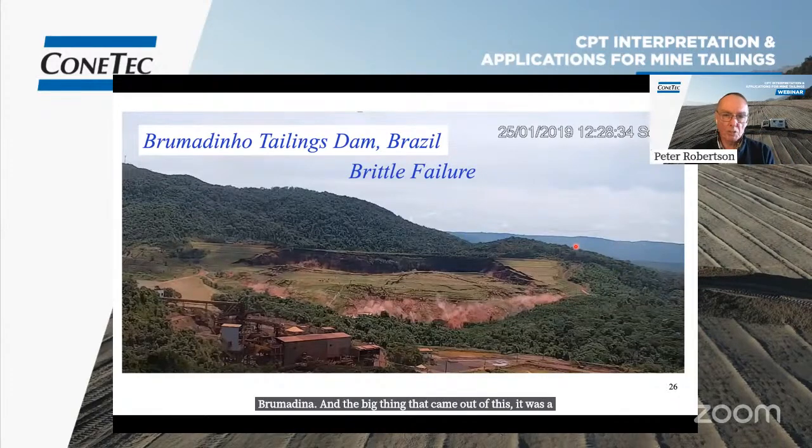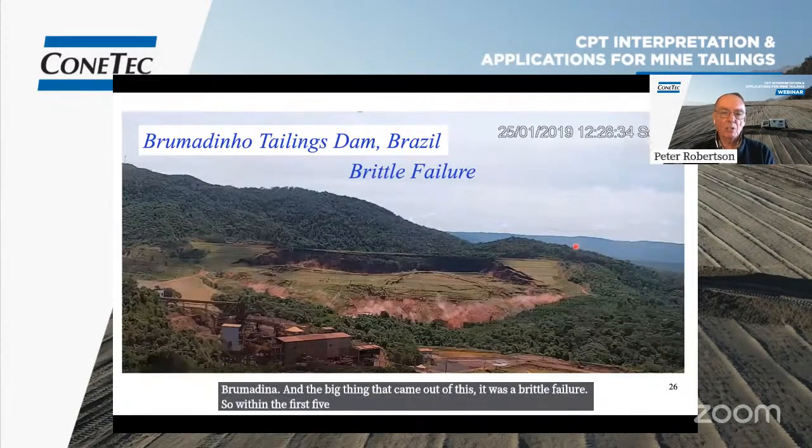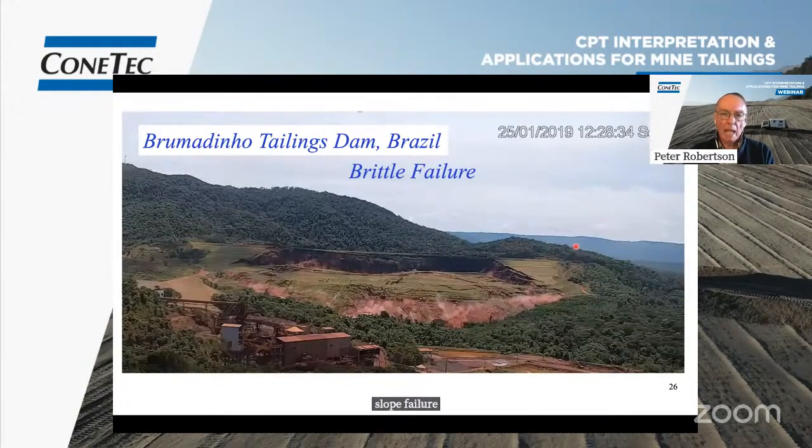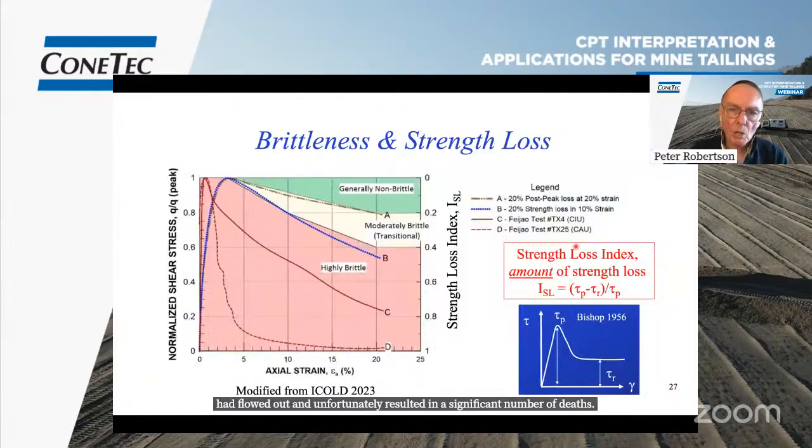So within the first 5 seconds, this failure occurred. So a massive slope failure that rapidly moved out. And within 5 minutes, 90% of all the tailings retained had flowed out and unfortunately resulted in a significant number of deaths.